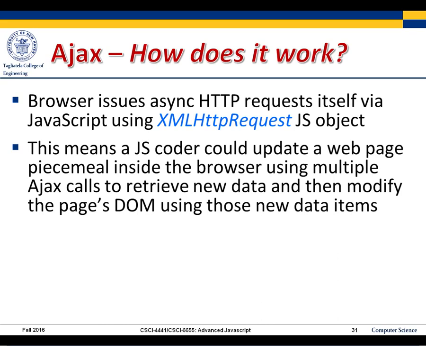Using this object and its methods, along with the DHTML stuff we were talking about, a JavaScript coder could request information from the server, or send information and ask the server to make changes, and then get responses back without having the entire page sent back. Then, using the other DHTML pieces, you could make changes to the page without having to recreate the entire thing.